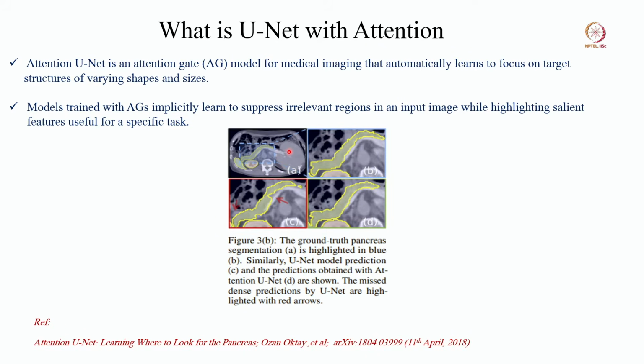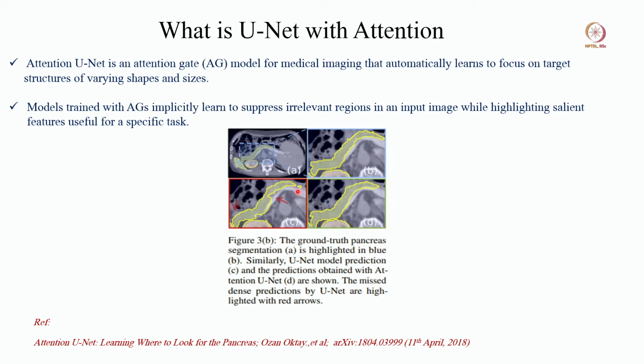Now this image B is showing the pancreas, highlighting the pancreas. So this is the ground truth one. Whatever is shown here in blue, that has been highlighted here.